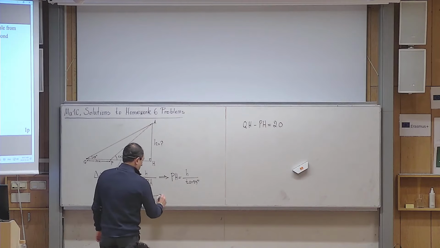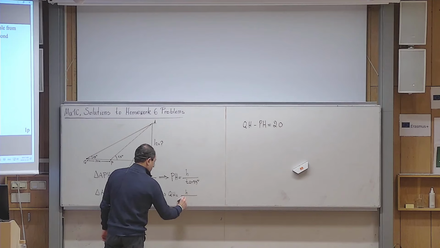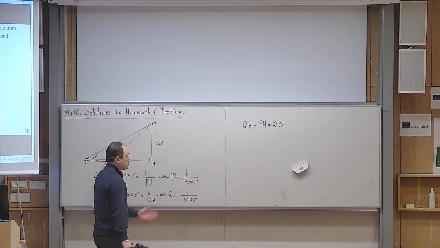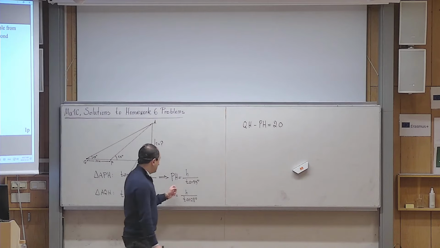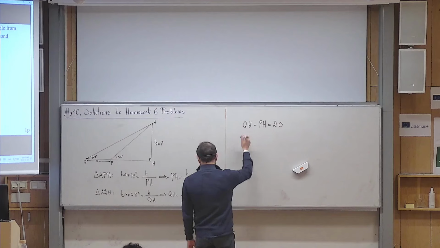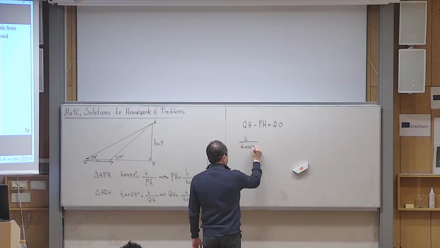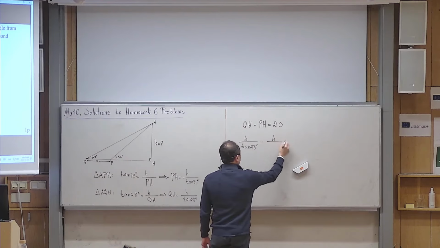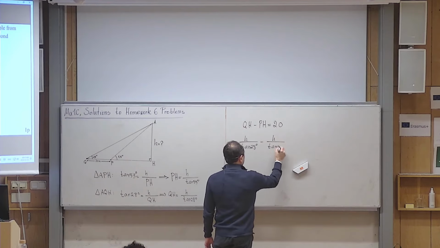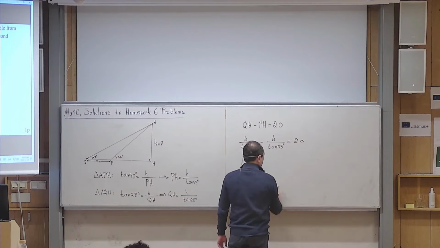So this means that QH is what? H divided by tangent 28 degrees. Okay, so I go here, instead of PH, I put this expression, and instead of QH, I put this expression. So let us do that. So here I would write H over tangent 28 degrees minus H over tangent 53 degrees is equal to 20.